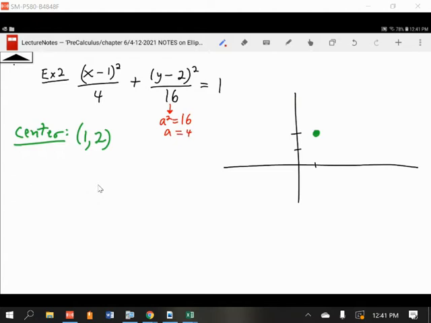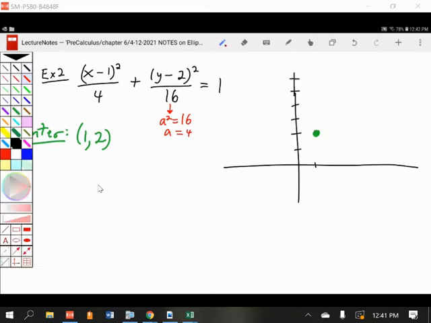a is 4. So if a is 4, what I would do now is go up from the center 1, 2, 3, 4. So that's one of my vertices. The center, remember, is (1, 2). So what's that vertex right there? Well, it's 1 comma, what is 2 plus 4? 6. Where's my other vertex? The other vertex is down 4 from the center.